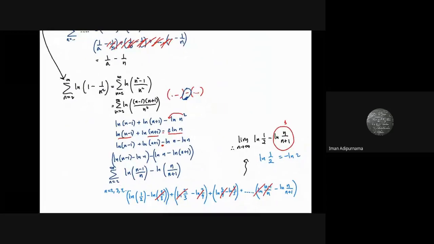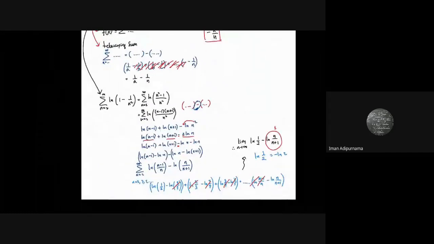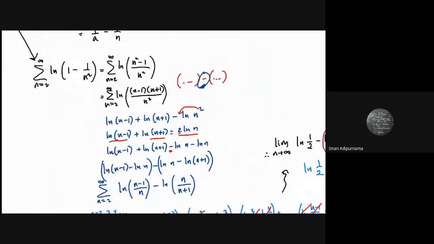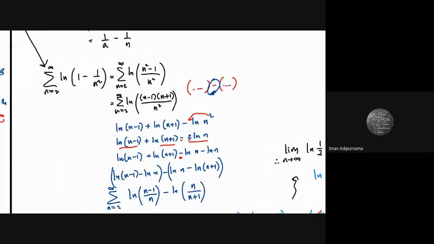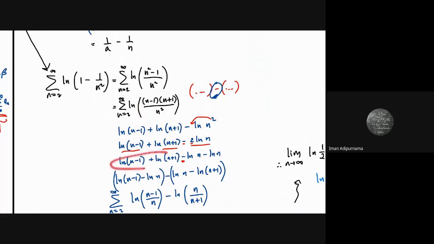Get it? Okay, I hope you get the idea for the telescoping sum. This is quite hard actually. Thinking from this part to make it into this arrangement, it is quite hard, and you need to at least have several minutes to try and error, trial and error.